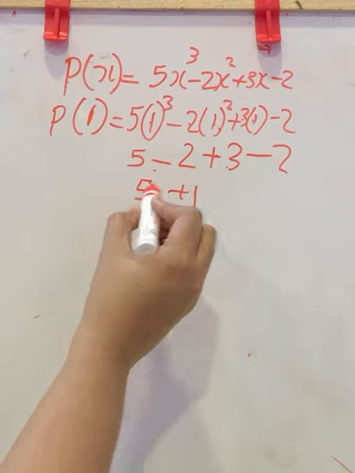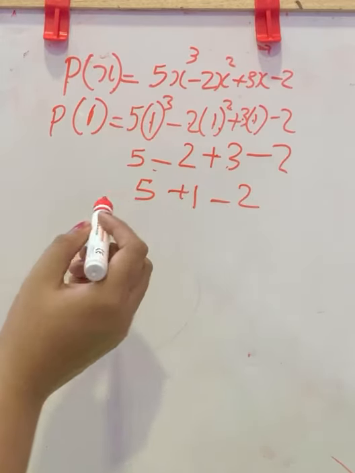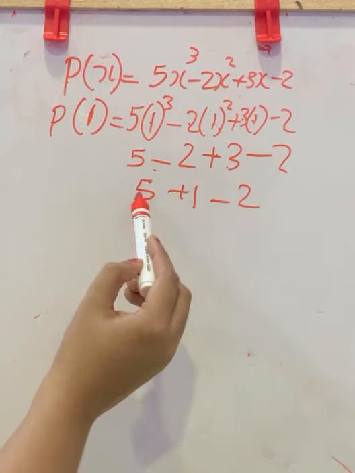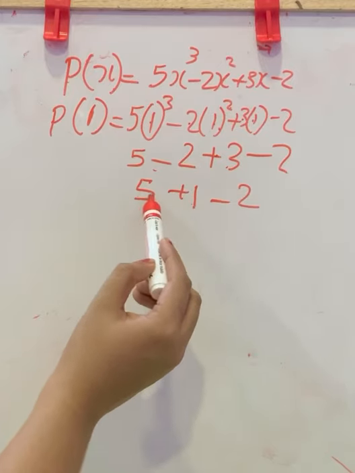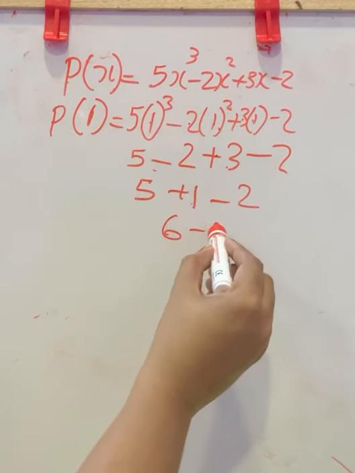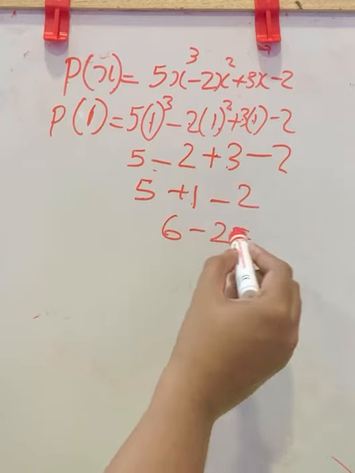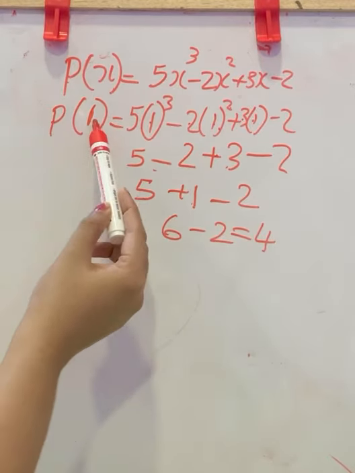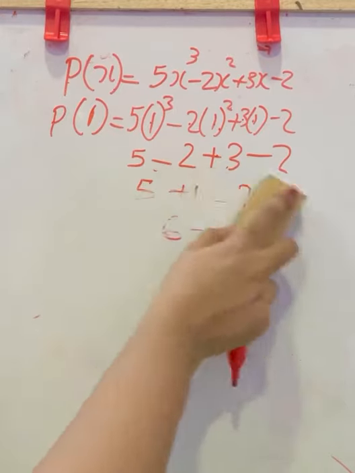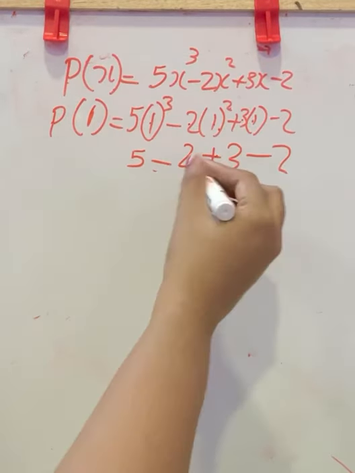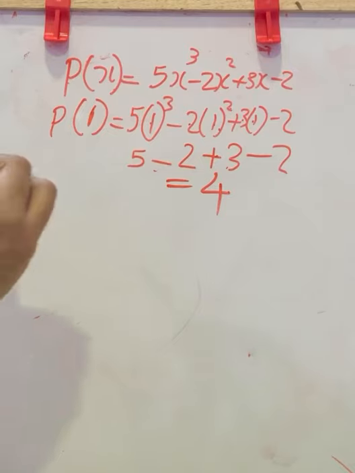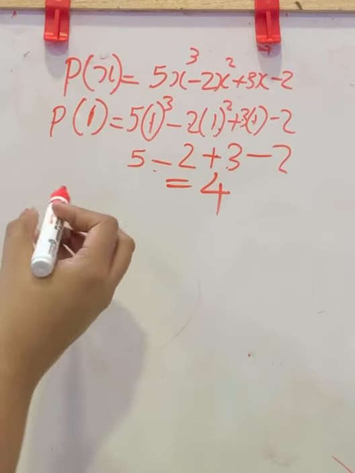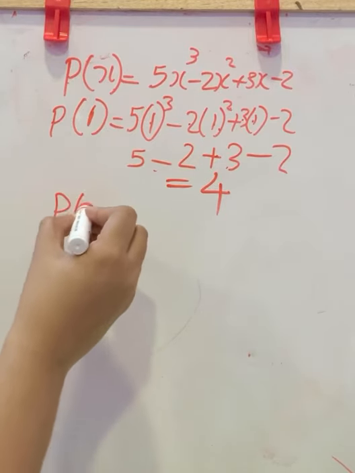Now here there is 5 and here it is minus 2, so again we do the addition first. 5 plus 1 is 6, 6 minus 2 is 4. So we got p of 1 equal to 4.